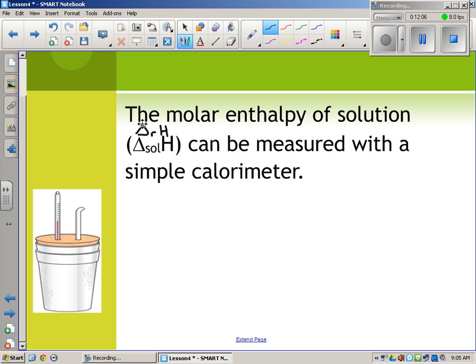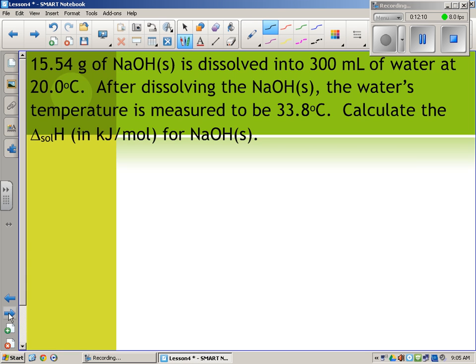Okay, good. So, my next example here. I got 15.54 grams of sodium hydroxide. You're going to dissolve that into 300 milliliters of water at 20 degrees Celsius. After you put the sodium hydroxide into the water, the temperature is going to rise up to 33.8.